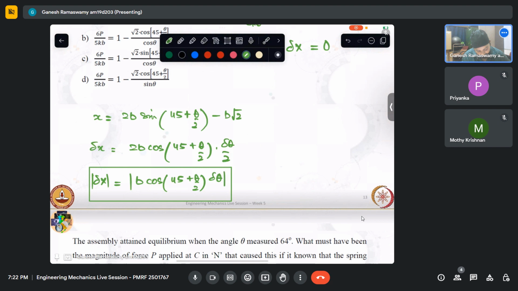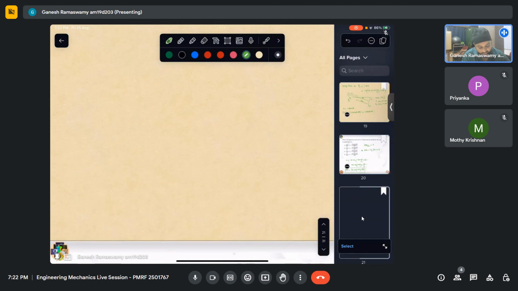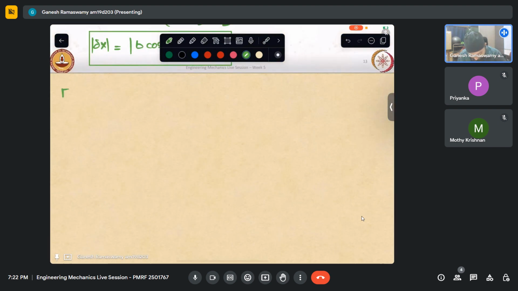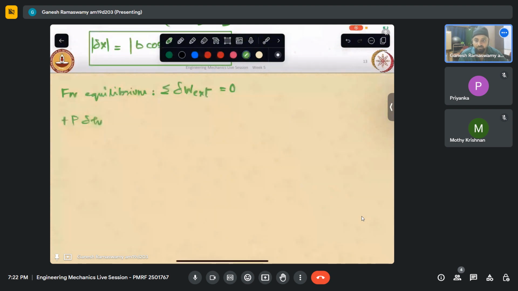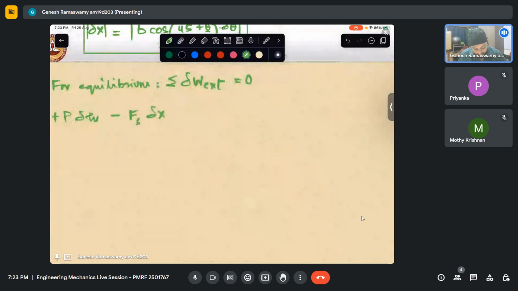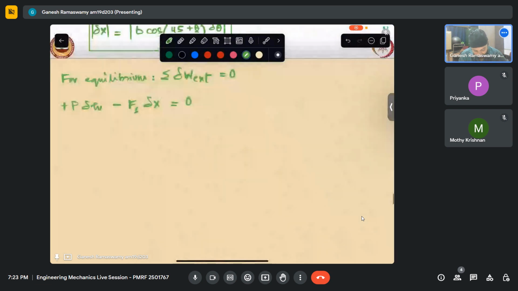So now I have all the expressions that I need to write the principle of virtual work. For equilibrium, I have to write the sum of delta W external equals 0, which gives me P delta H plus P delta H, because it does positive virtual work, minus Fs delta x equal to 0. What is delta H we got from here?